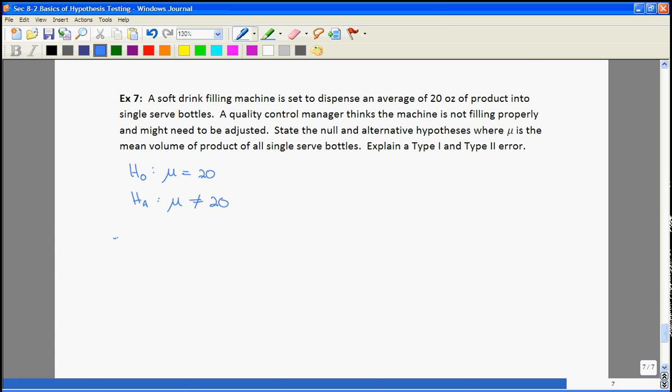Okay, so a type 1 error would be we reject H naught when it is true.